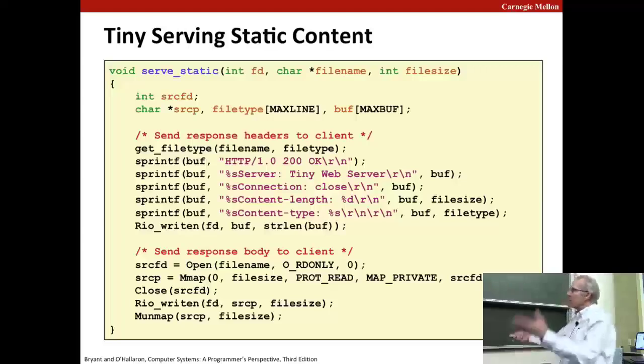And so this could be done with a regular read, but this is a little bit more elegant way to handle it. And you'll notice, by the way, that the content length here is the length of the file, and does not include the number of bytes in the header. So the header comes first.